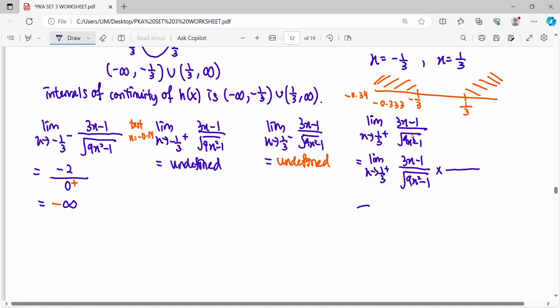Conjugate is surd A minus surd B, then only you have conjugate surd A plus surd B. So if you have only one surd, when you want to rationalize, you just times with itself. Times with just surd 9x squared minus 1. So that's the meaning of rationalize the surd. Maksudnya nak hilangkan surd dia.